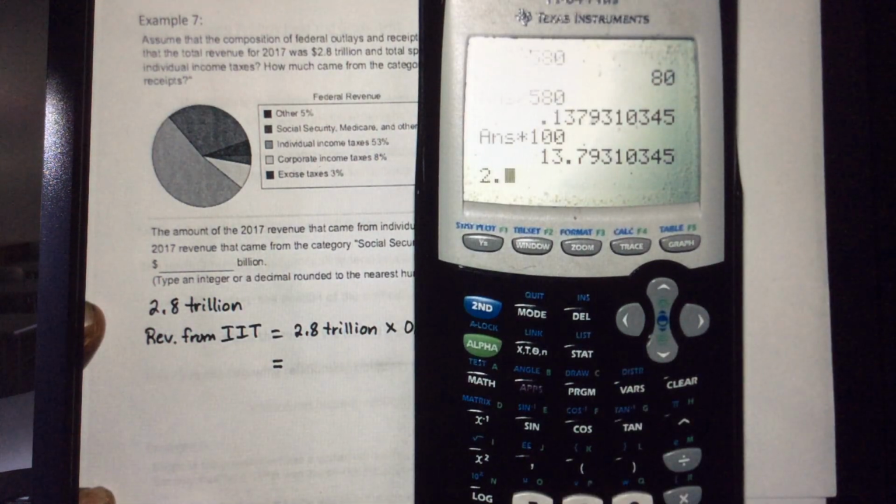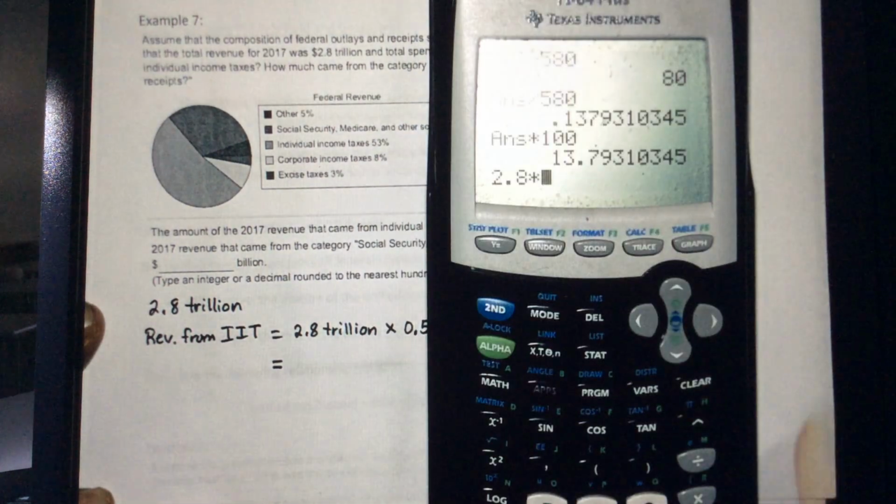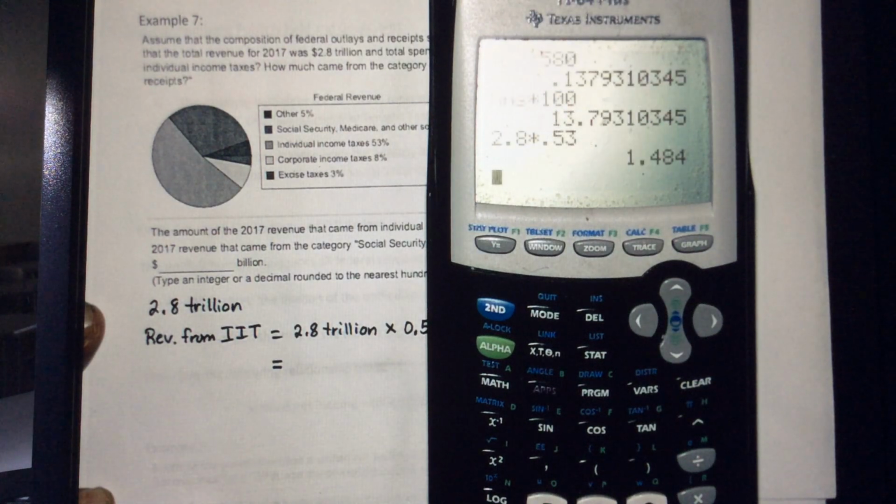So if I do 2.8 times 0.53, I'm going to get 1.84, but I need to multiply by 1 trillion, which is a 1 with 12 zeros.